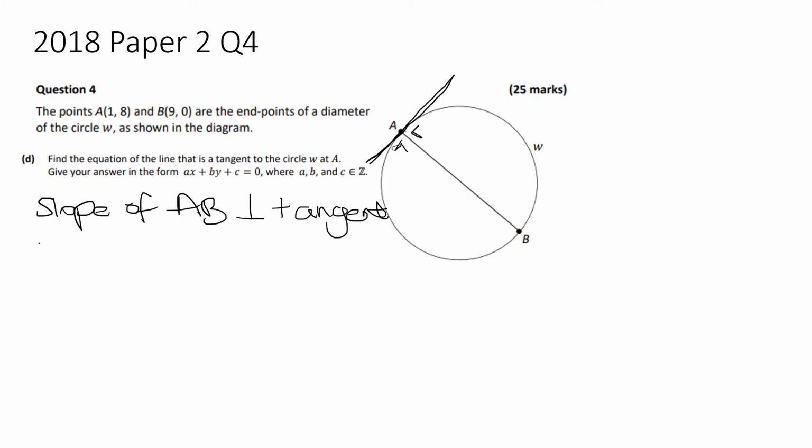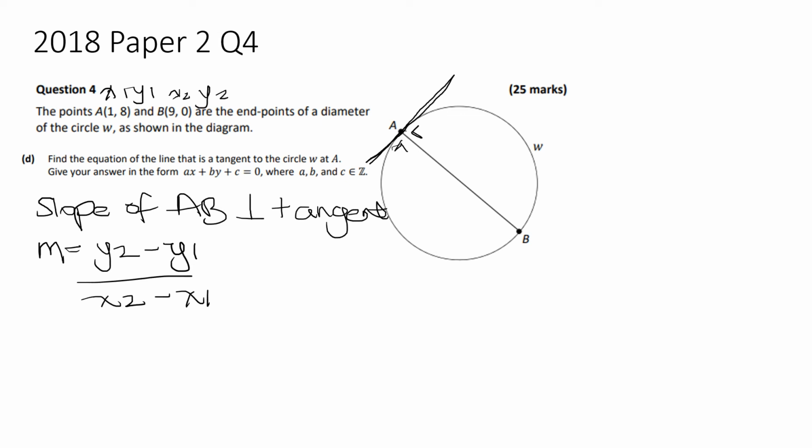So I'm going to use the slope formula: y2 minus y1 over x2 minus x1. And I'm going to use the points of 1, 8, which are x1 and y1, and 9 and 0, which are x2 and y2.